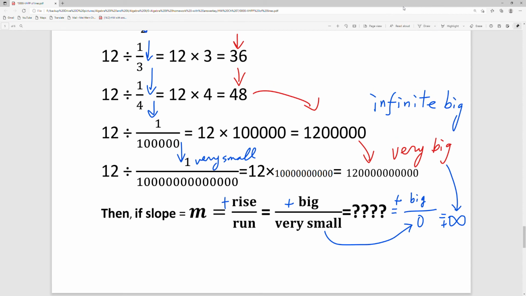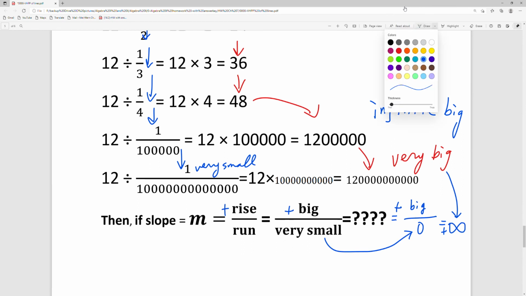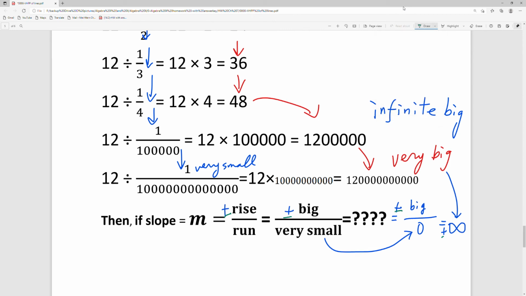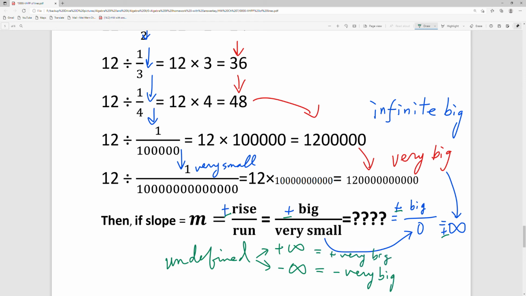And if you have a negative slope, then you have a negative, very big number. So that's how I tell you the idea. Undefined either means very big or very small, or you say negative very big. This is positive very big. Okay?